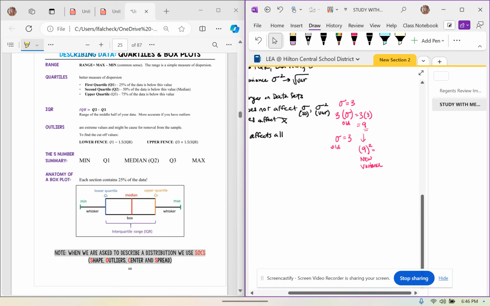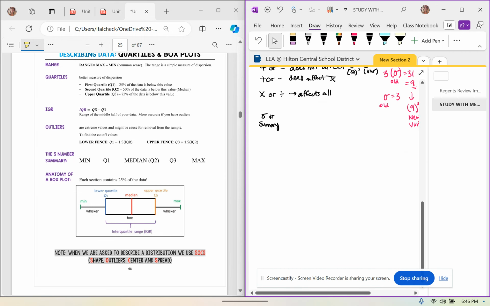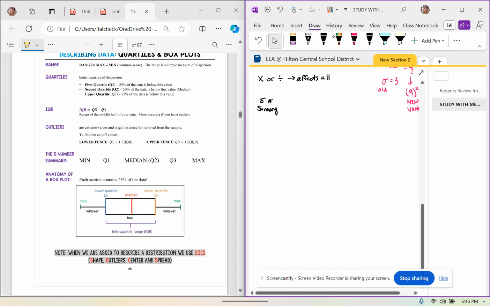Okay, just a little side note there, because variance is standard deviation squared, so I just wanted to hit home on that point.